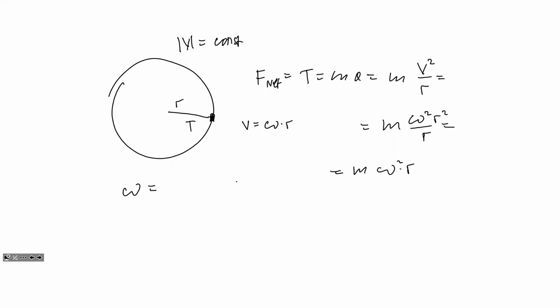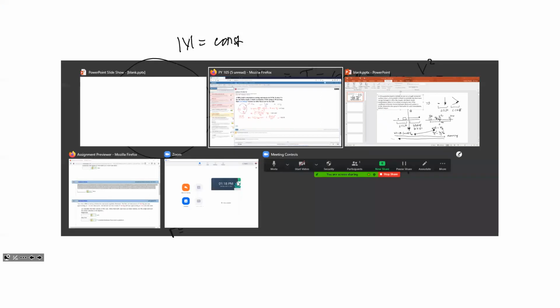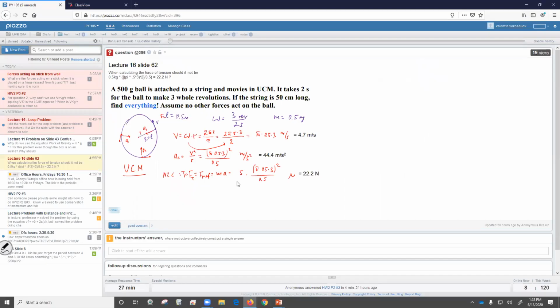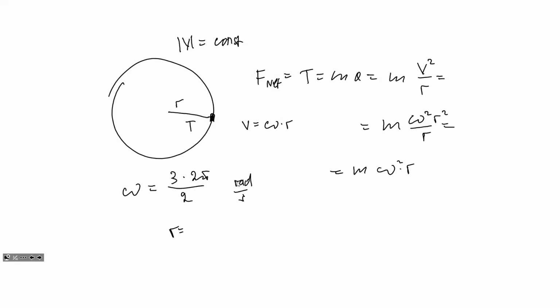So 3 times 2 pi radians over 2 seconds. This will give us radians per second. And the radius is equal to 50 centimeters.